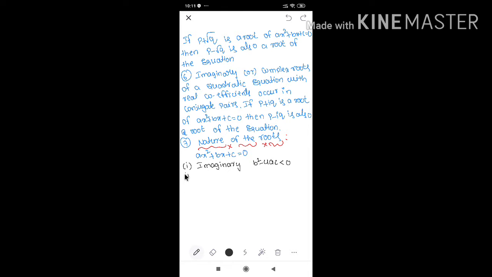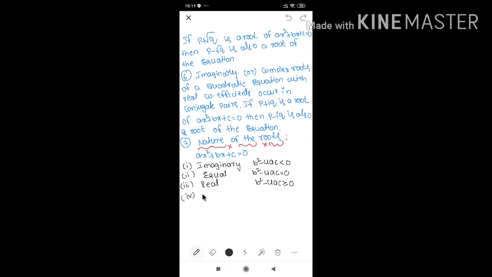Second point, equal roots: b square minus 4ac is equal to 0. Third point, real roots: b square minus 4ac greater than or equal to 0.